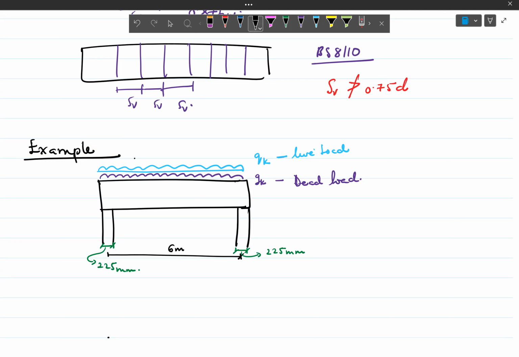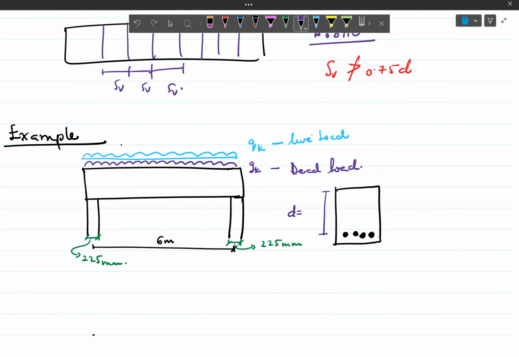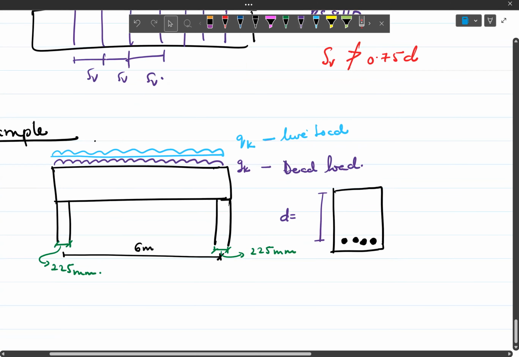Let me put that here. Okay. So we have a number of bars. So let's put the bars in here. So that's the longitudinal reinforcement. How many are they? Okay, 4. 4 of these. The D is equal to what?